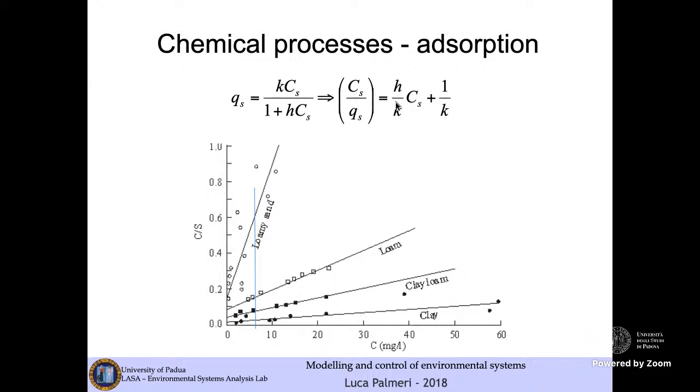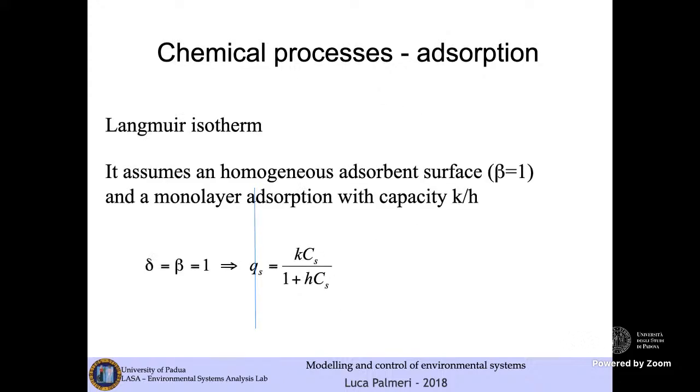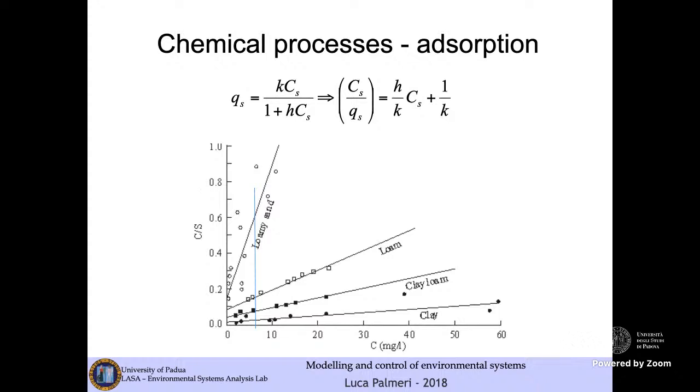And this is why H over K is called the monolayer adsorption capacity of this particular adsorbent. So you see from these empirical relationships that the different types of adsorbent, clay, clay loam, loam, or loamy sand, have different adsorption capacity.